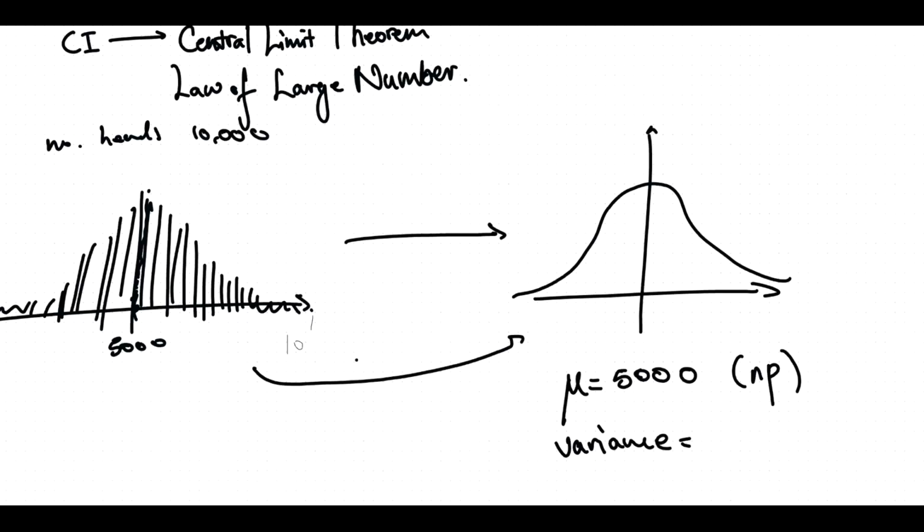I'm just telling you that. You can search it up if you want. It's much better if you find it out yourself. So search up: what is the variance of a binomial distribution approximated using a normal distribution?